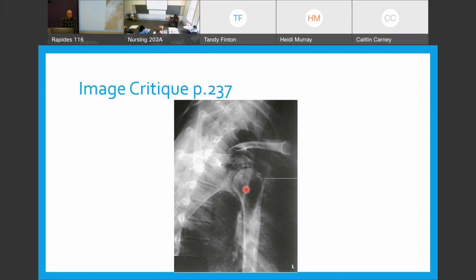Just because? Transthoracics are very hard to do. And we only do them when the patient has what? Known trauma to the affected arm.